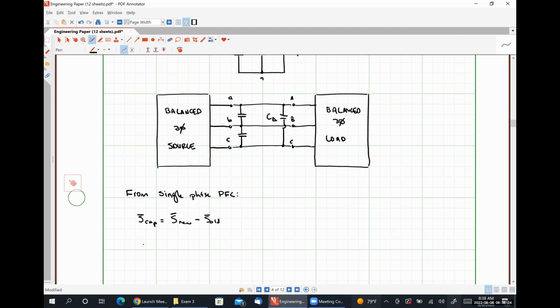And we found that C was equal to negative Q_cap over omega times V_RMS squared, where V_RMS represents the voltage drop across the capacitor, okay?